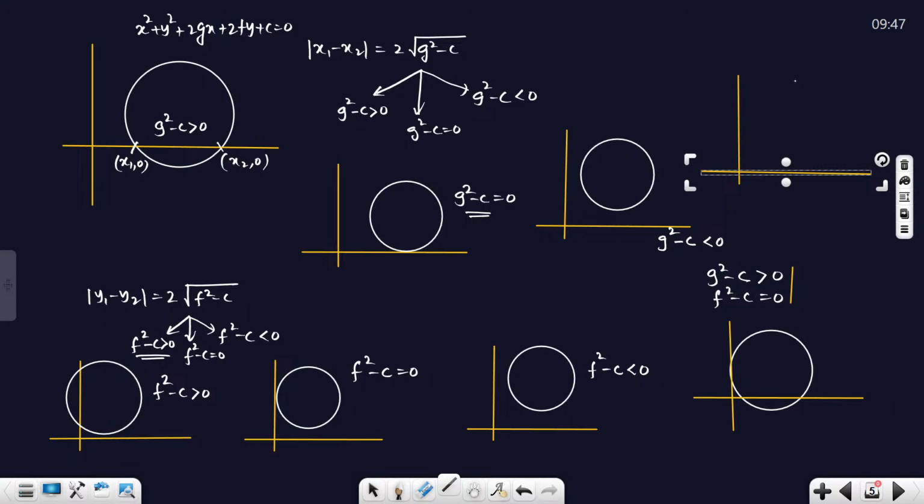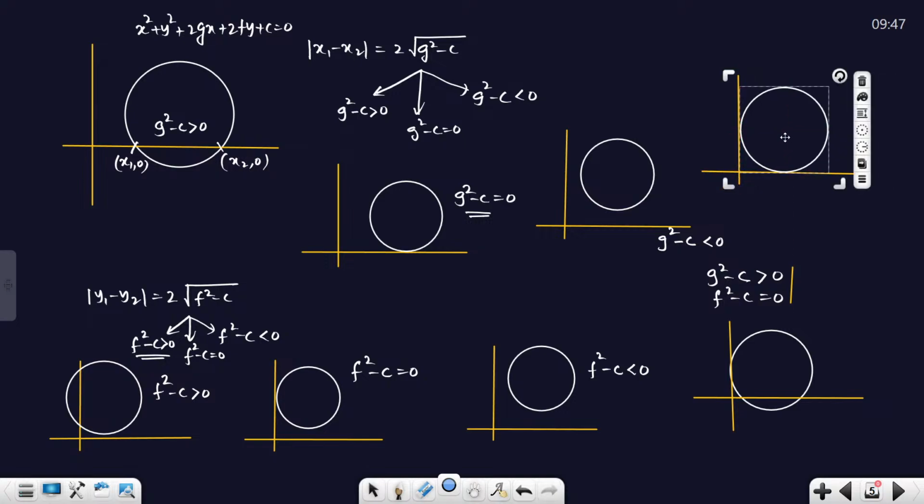Now, tell me one thing. What is the condition that the circle is going to touch both the x and y axis? Tell me. This is very important because this is frequently needed in our problems.